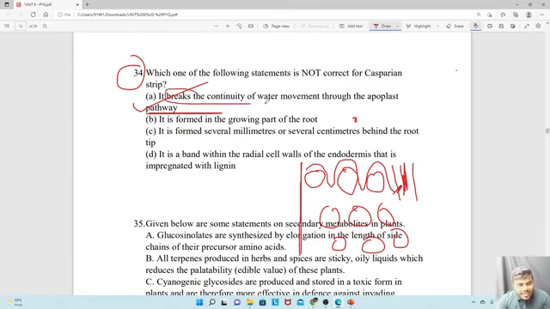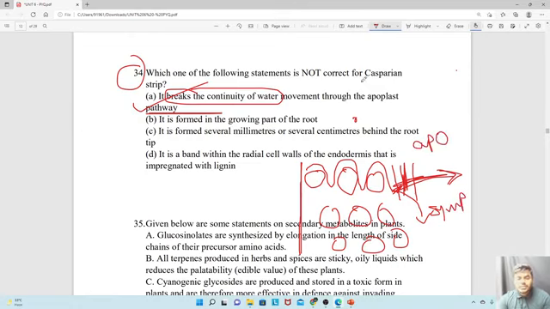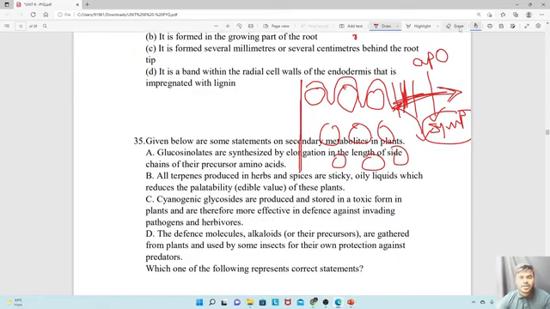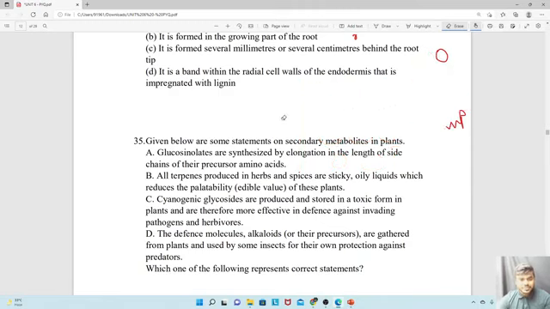It breaks the continuity of the water. Whatever water, it has to move like this. Look at the arrow I am showing. Water has to move like this, but water starts moving down because it is entering into the symplastic pathway. We discussed very clearly. The Casparian strip converts apoplastic into symplastic. So it breaks the movement of water. Absolutely right statement. They did not ask which is correct. They asked which is not correct. I hope you understand correctly, dear. Let me know if you did not understand. I will re-explain in another way. Got it? Okay, good.